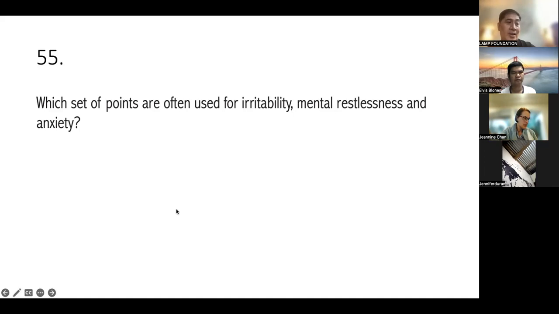Anong klaseng point? Anong klaseng 5 Shu point, Doc? Okay. Irritability, mental restlessness, and anxiety. Ano ba nag-clear ng heat, Doc? Jingwell. Yeah, Jingwell. Very good. Fire, actually. Fire na siya.